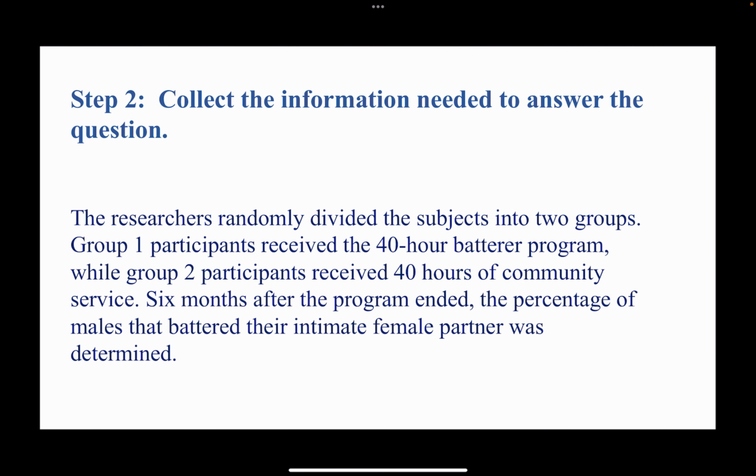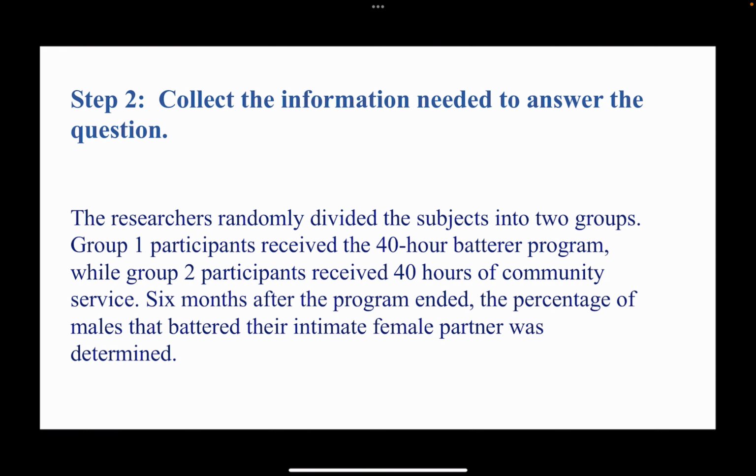We have number 2, collect the information. So here's where we gather our data. In this case, we took 2 different groups. We had 376 people who were accused of battering their intimate female partner. We had a control group that did 40 hours of community service, and we had our treatment group, which were in the batterer treatment program.